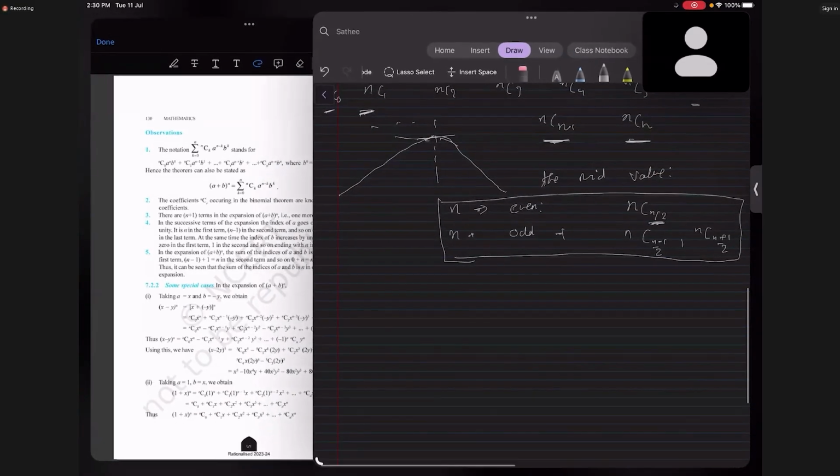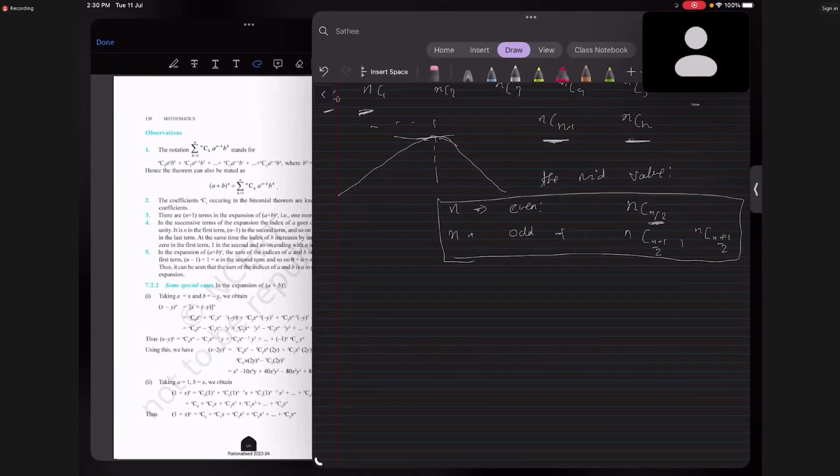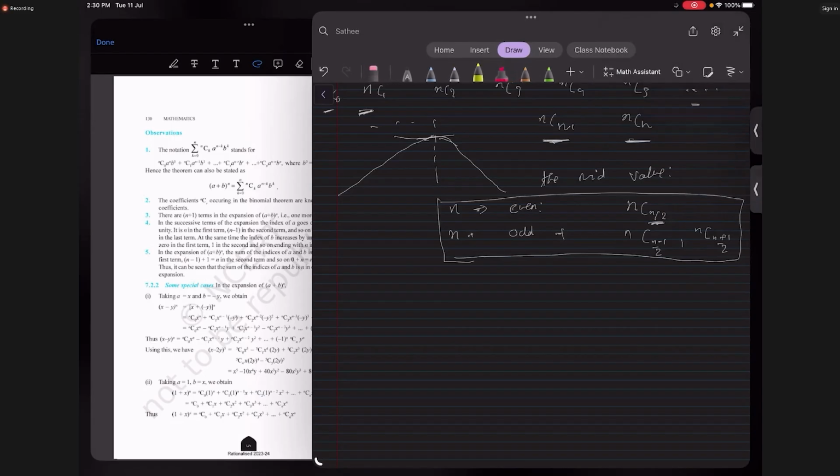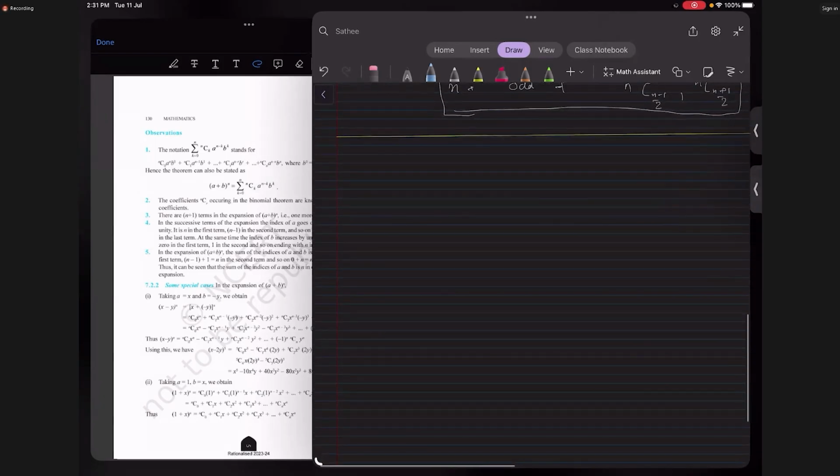Okay, there are many other conclusions or relationships that you can make by using those binomial coefficients. So you know the expansion of (a plus b) to the power n.